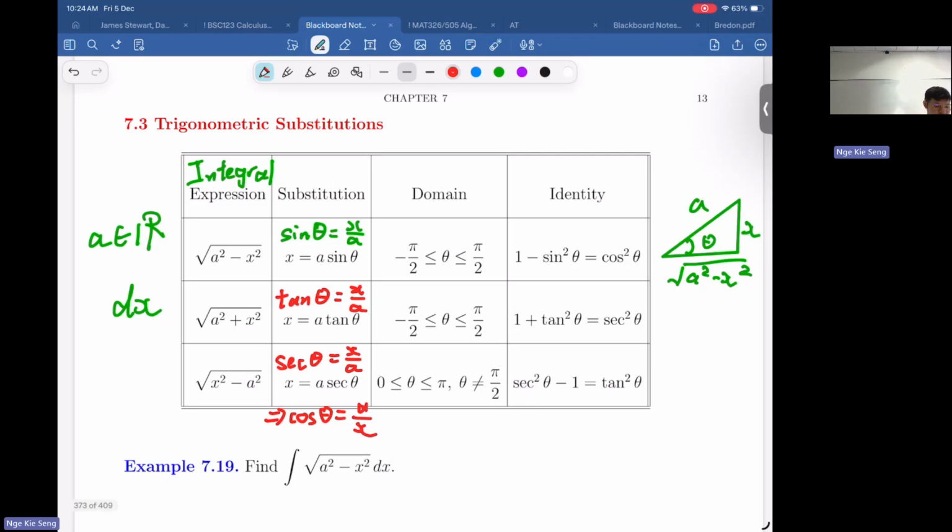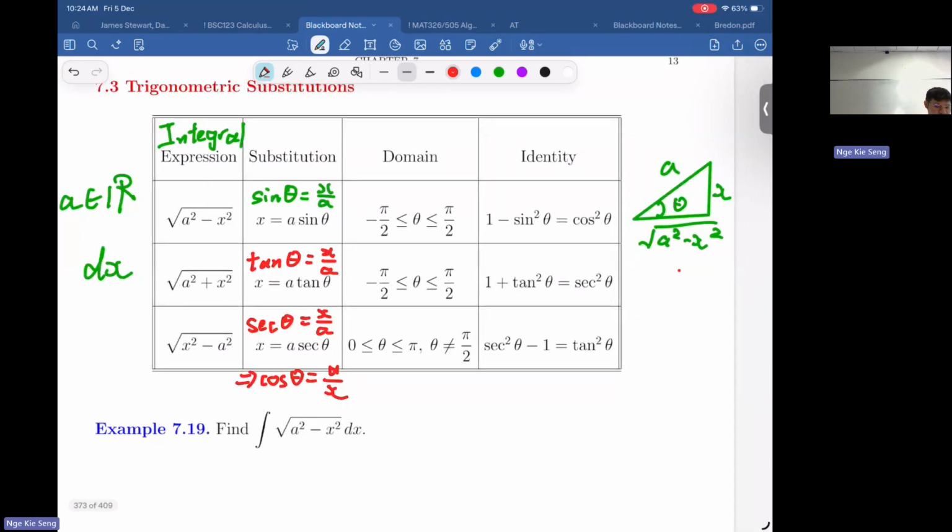Okay, so let's compare. If tangent theta equals x over a, what you get is the opposite side is x, the adjacent side is a. So the hypotenuse is the square root of a squared plus x squared. This is the expression you're going to consider when you do this substitution here. And how about the last one?